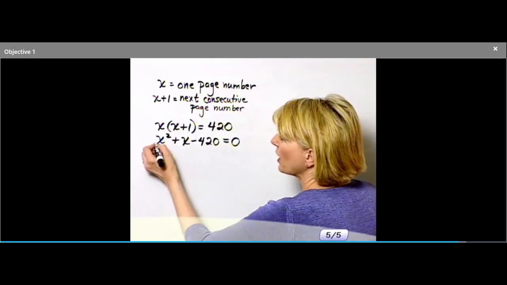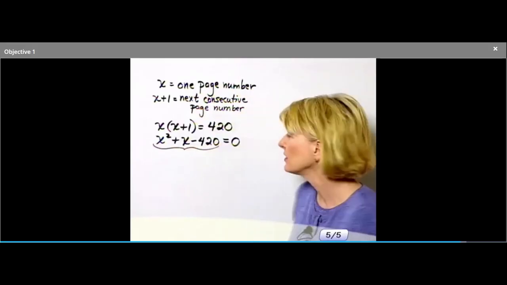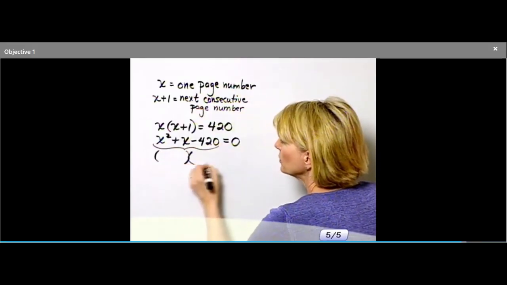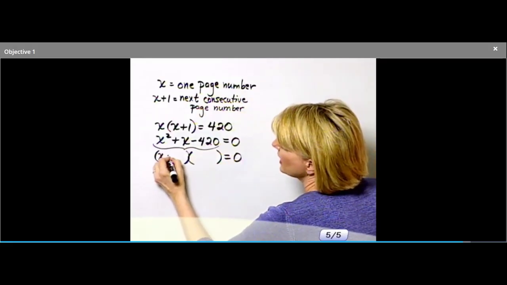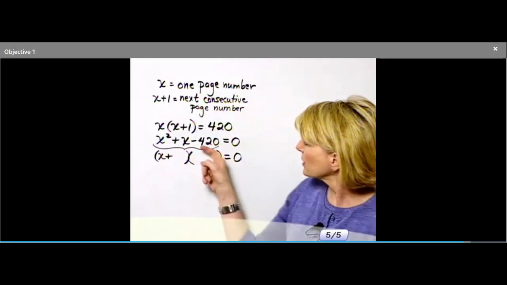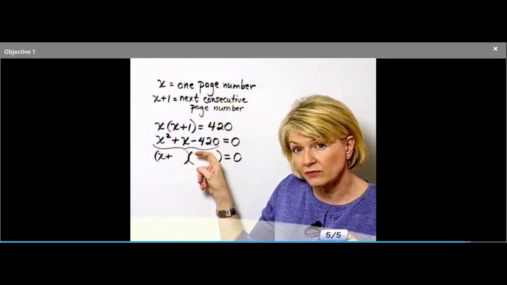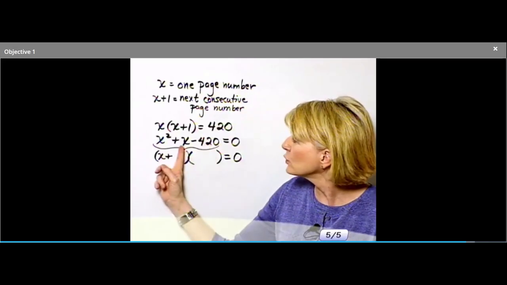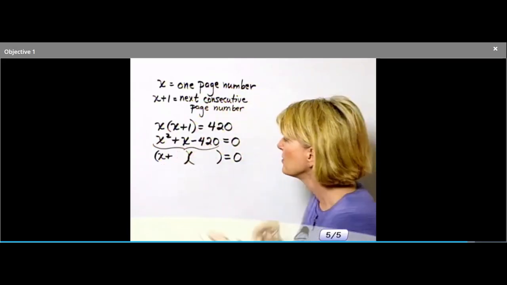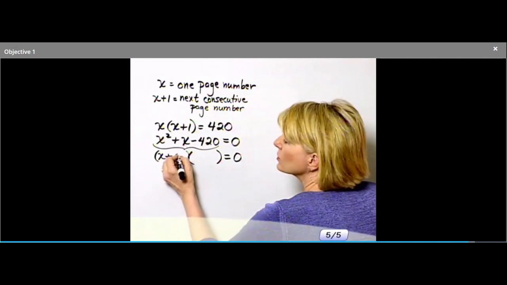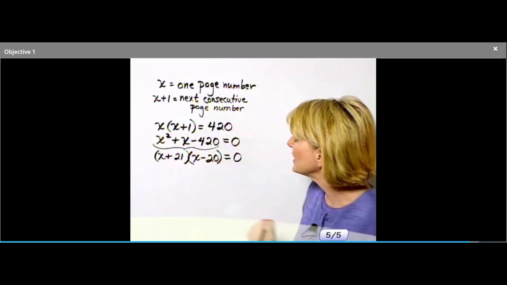Now remember, we try then and factor, in this case, a trinomial. It is factorable. I know you may need to work with it a little bit, but it does factor as, and by the way, don't forget you're looking for two numbers whose product is negative 420 and whose sum is a positive 1, the coefficient of x. Those two numbers are 21 and negative 20.